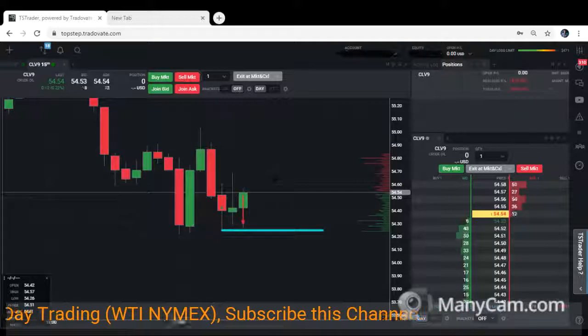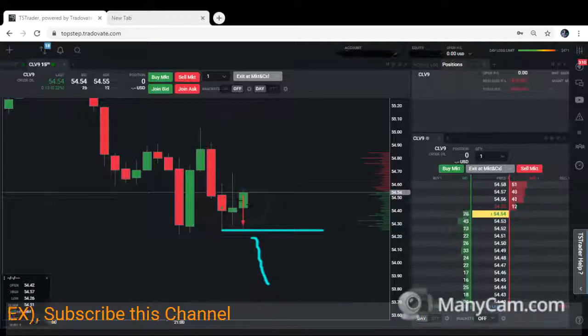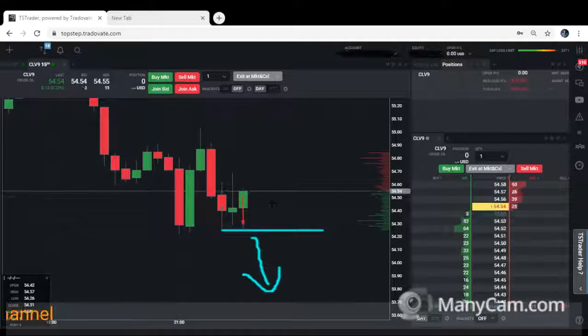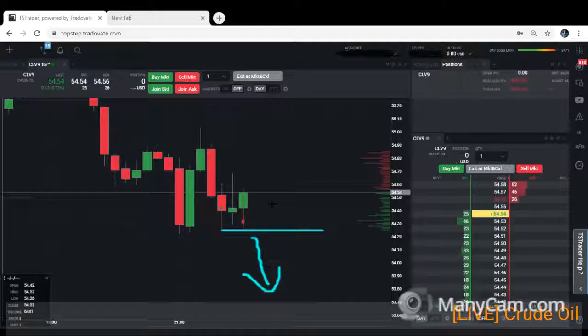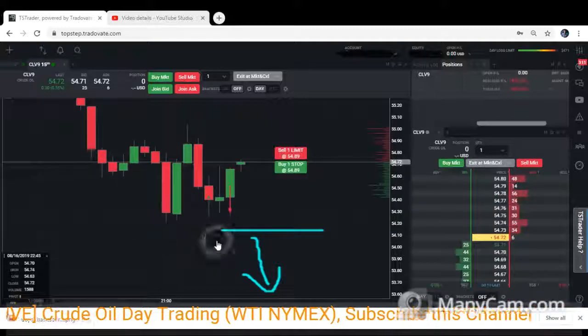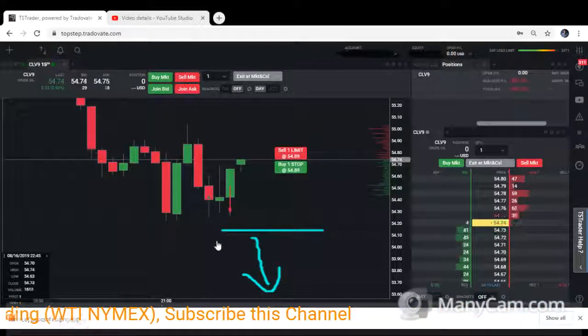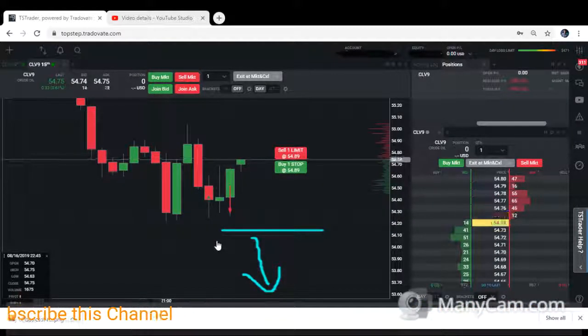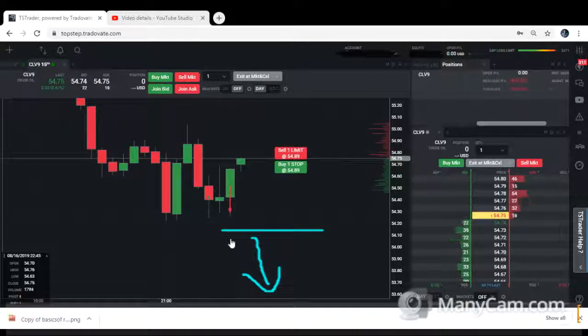So you can short sell again. It was very unfortunate. Okay, price did reverse back. It was very unlucky.